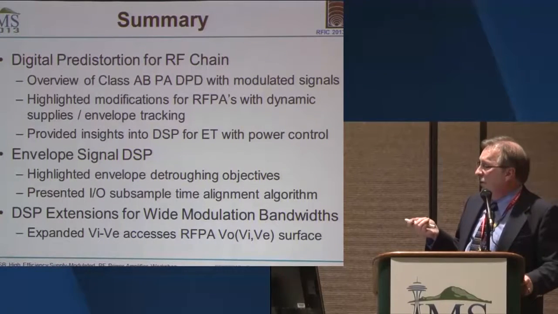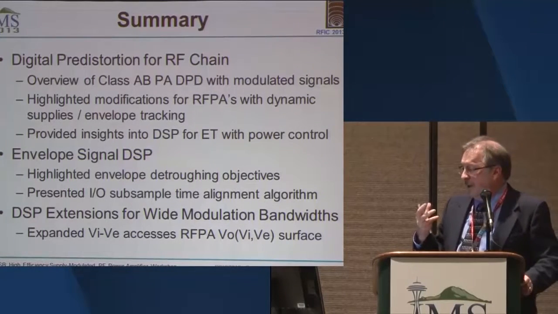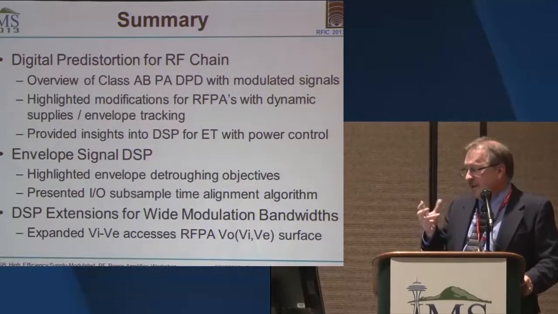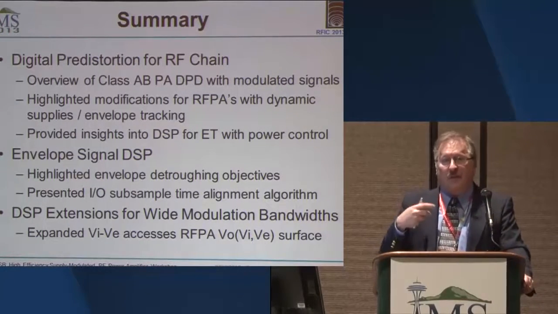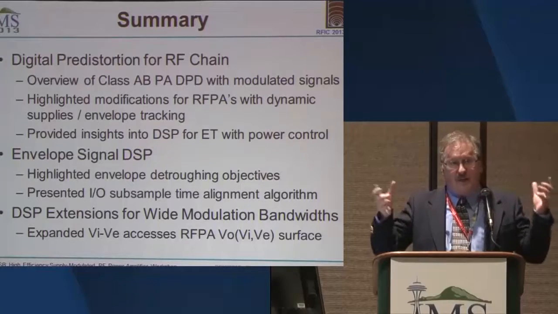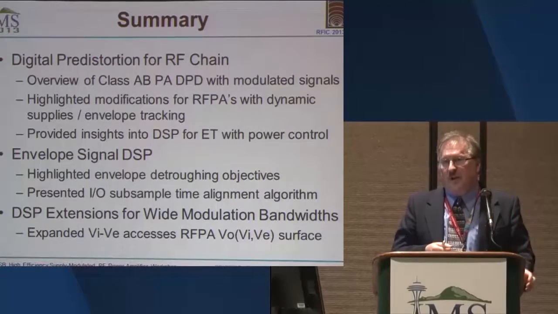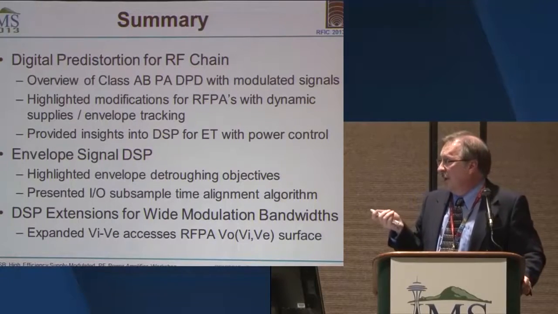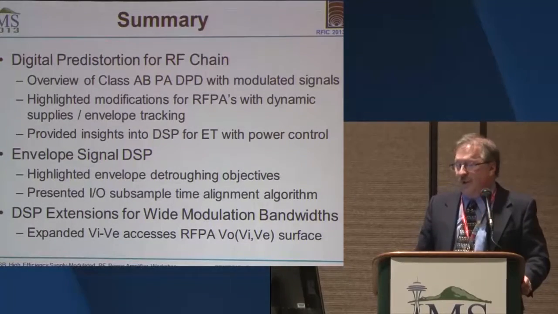And then I've also expanded the modeling that's required for a supply modulator that is unconstrained, I'll say, from the RF signal, in that it has a much wider range of operating points that it could be for any particular input voltage. So the expanded VIN, VE axes for the RF PA and what that means for the digital signal processing that's required.